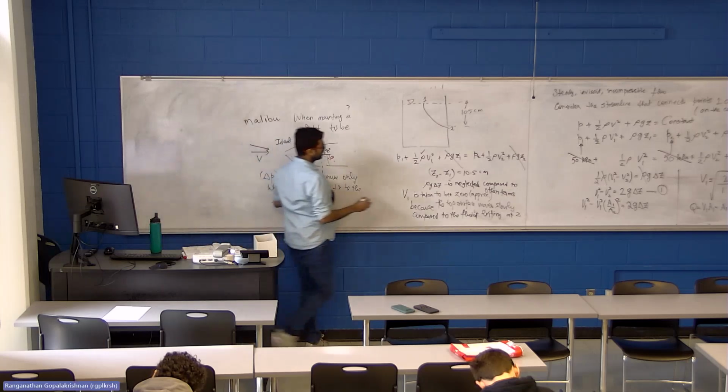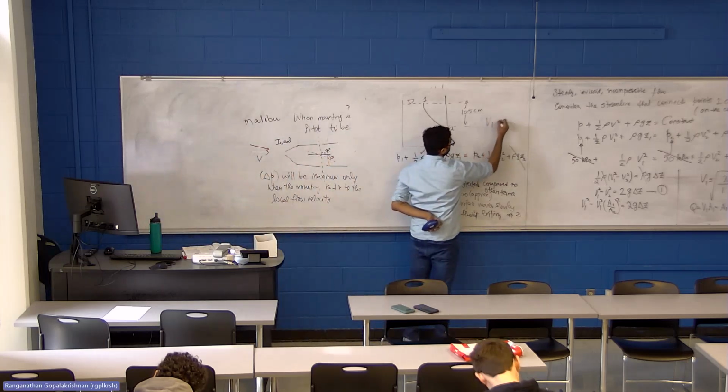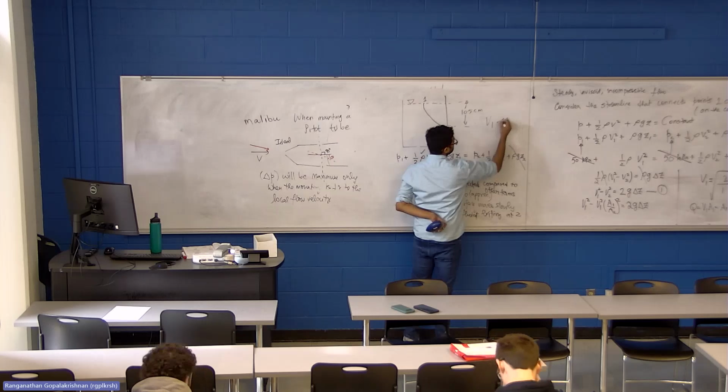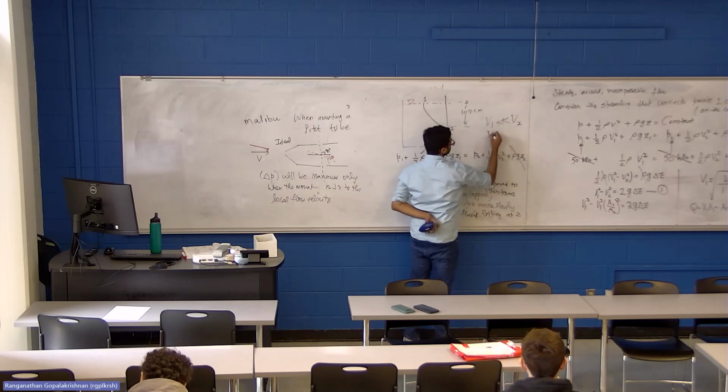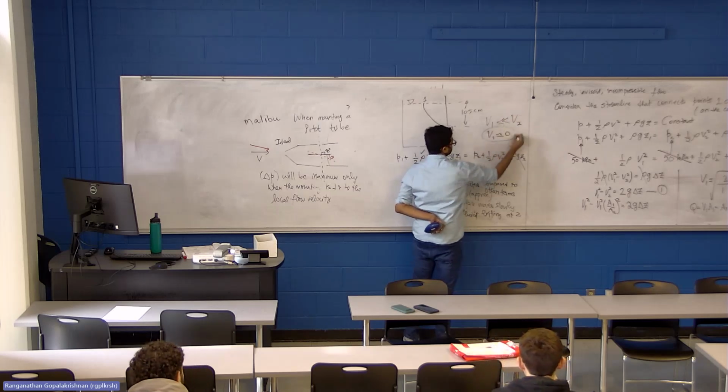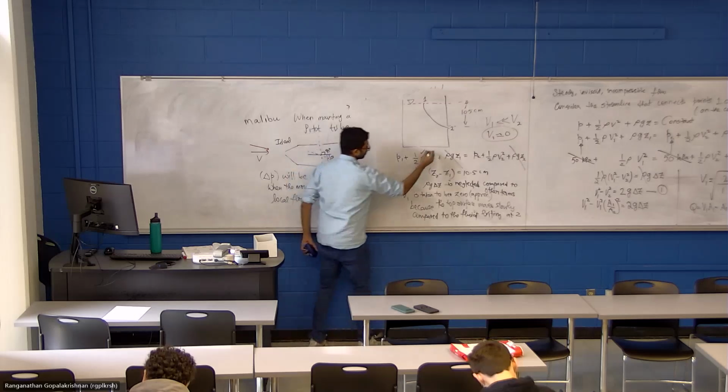So we think V1 is much smaller than V2. So we'll just say V1 is approximately 0.